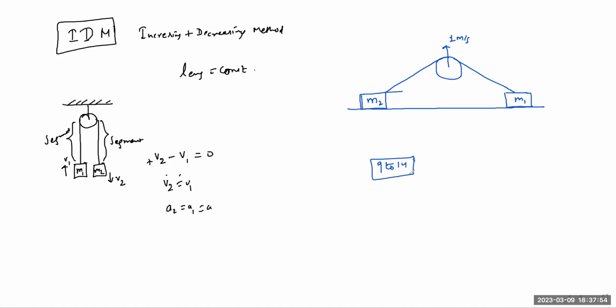Done. After ninth, you can attempt 11th, and then attempt 12th, and then 10th. So they are easy, no? 10th requires something slightly more. And 10th will also make it clear that acceleration is not the constant. It is the velocity which is constant.